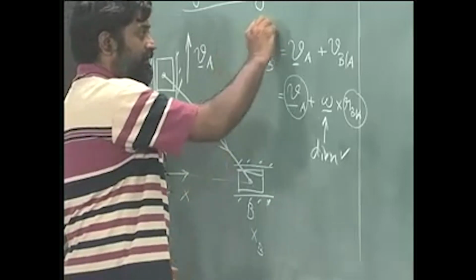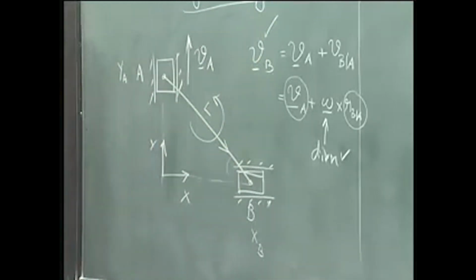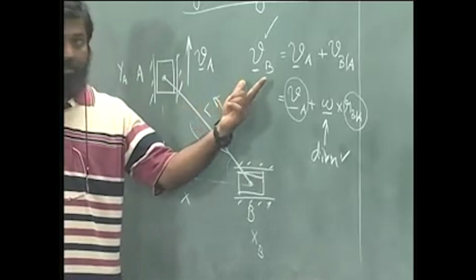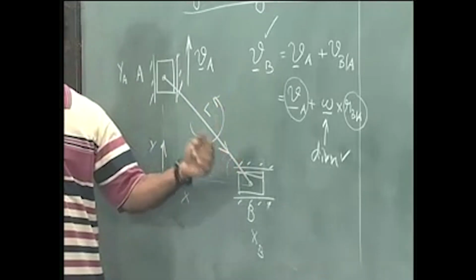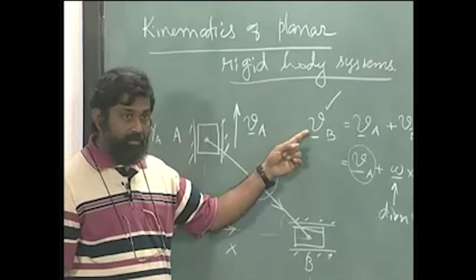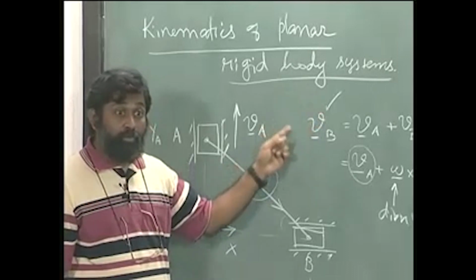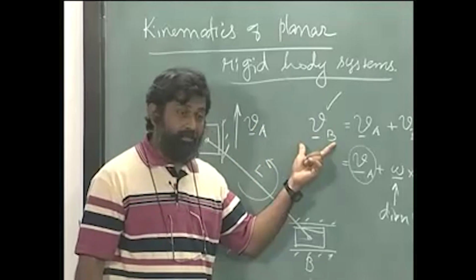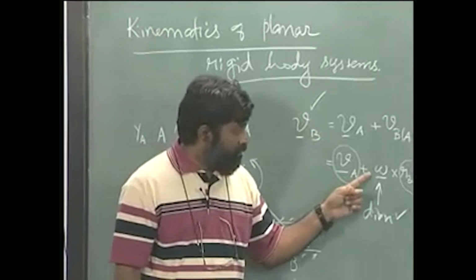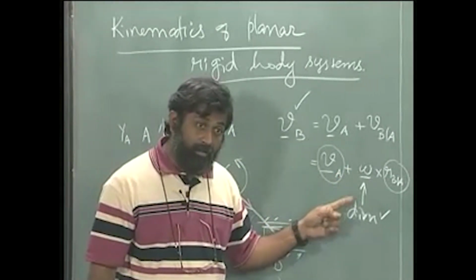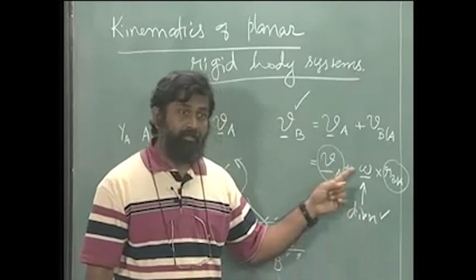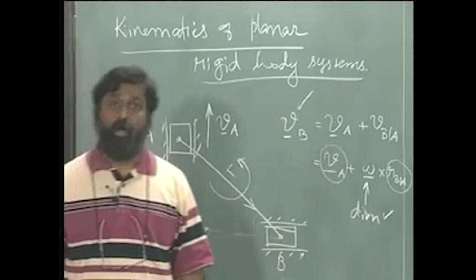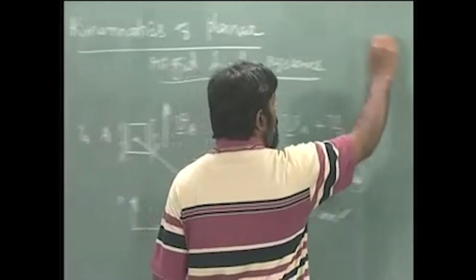The answer is yes, we know the direction of this. Do we know the velocity of this? Answer is no. So, we do not know the speed of B. We know the direction of velocity of B, we know the direction of angular speed, but we do not know the angular speed. How many unknowns are there? Two unknowns.